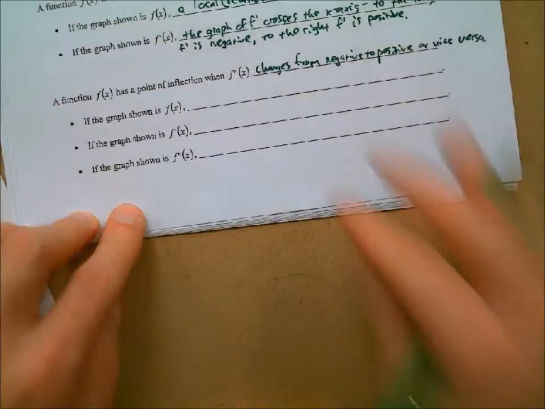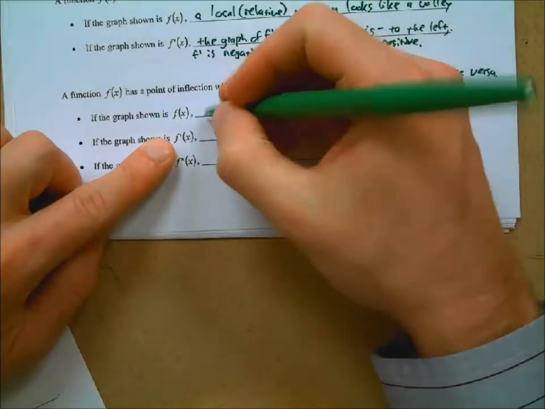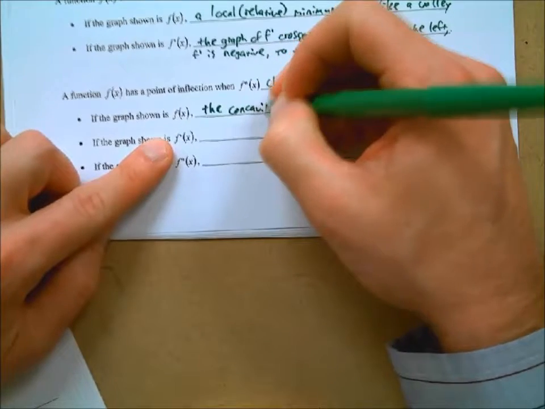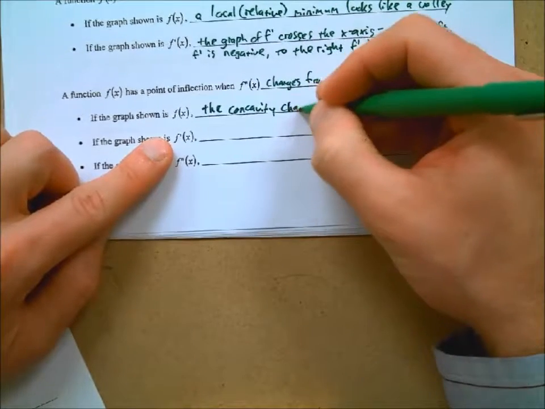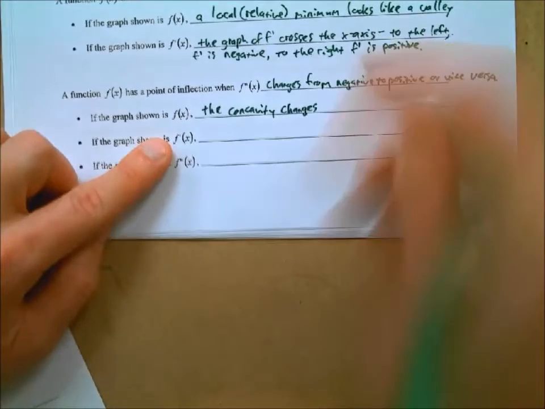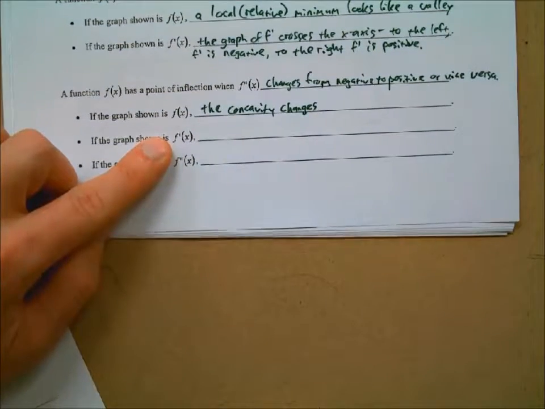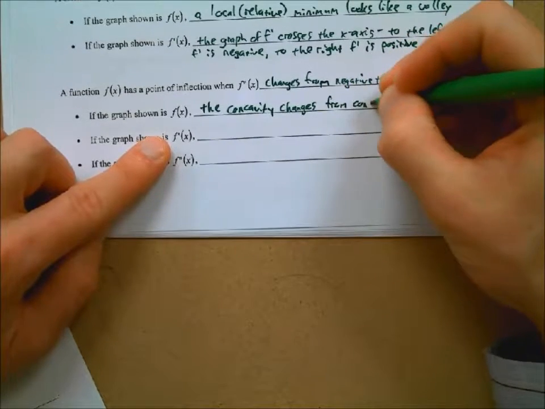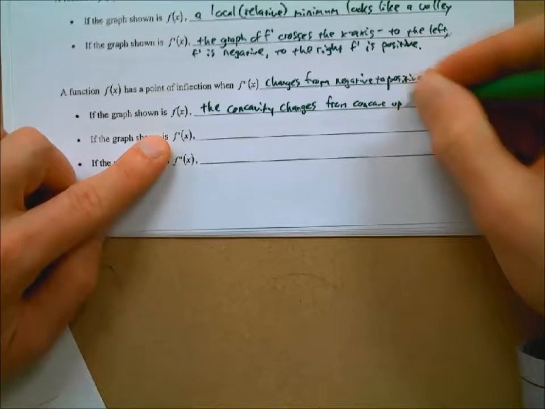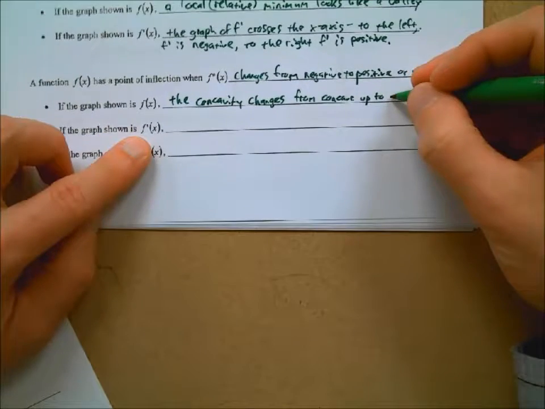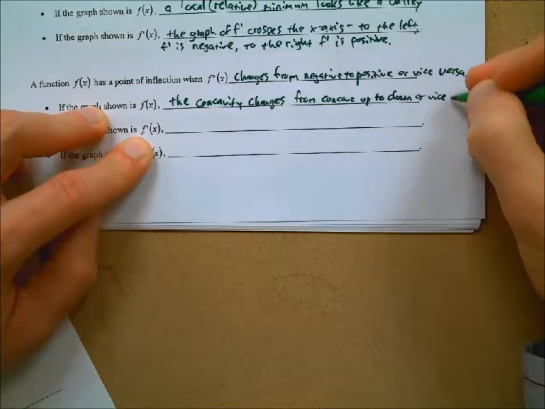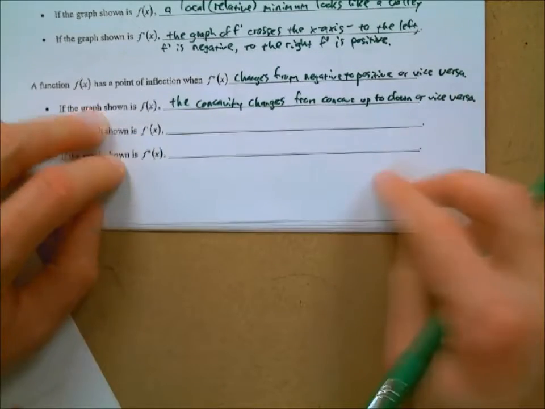So if the graph shown is f of x, the concavity will change, again, from concave up to down, or vice versa. Okay?